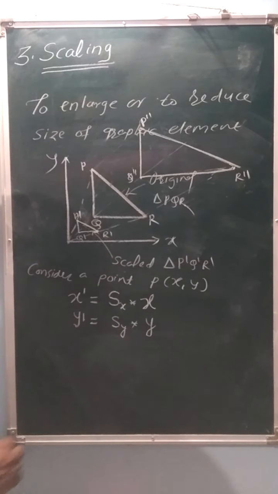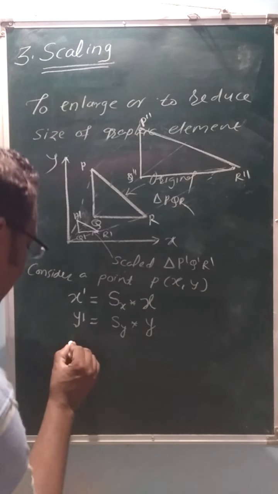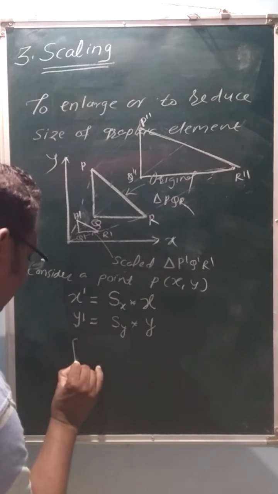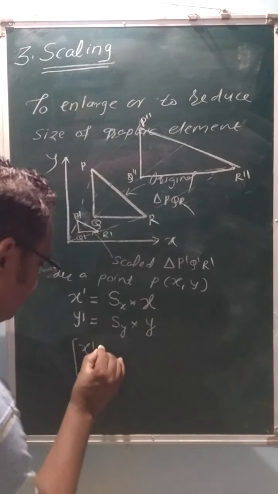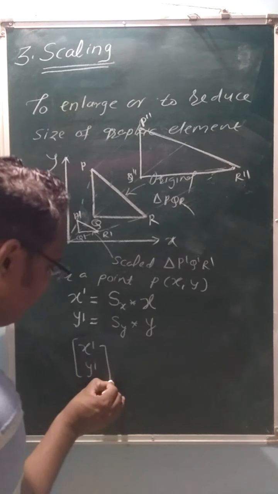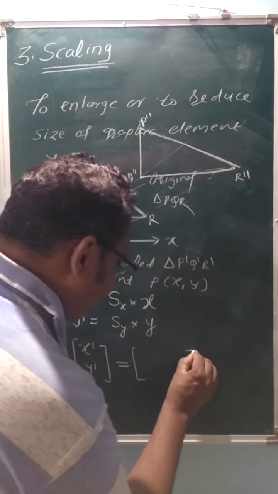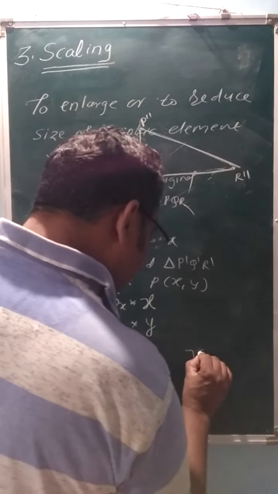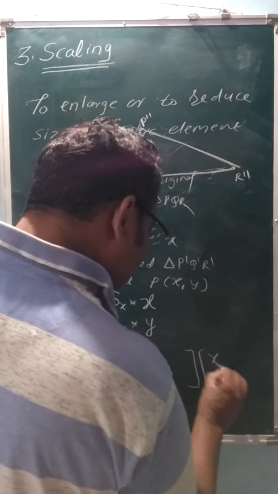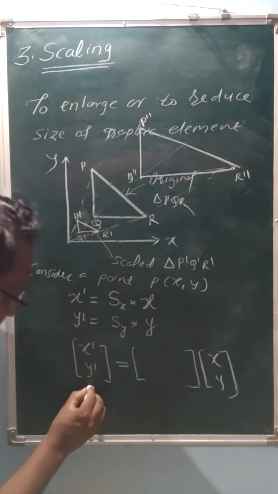Now we have to convert these two equations into matrix form, as x dash, y dash equals a matrix times x and y. Can anybody tell what will be the elements in this matrix?